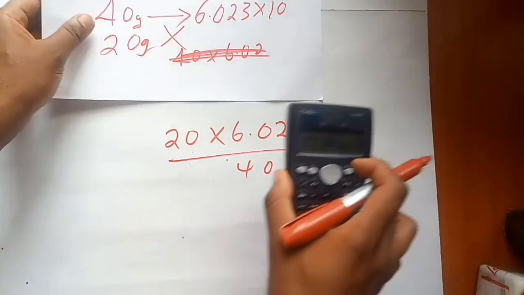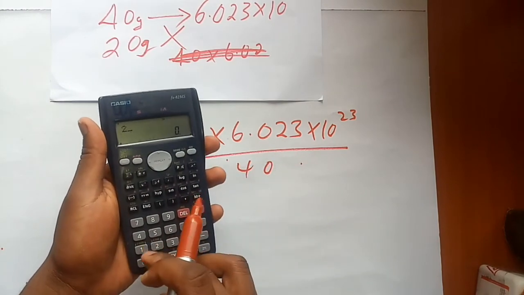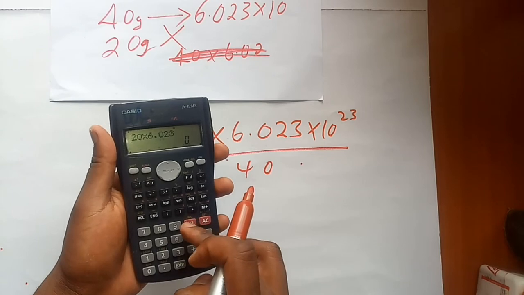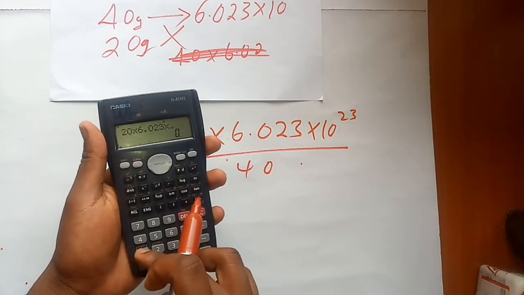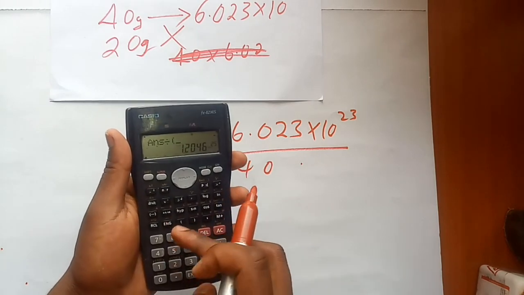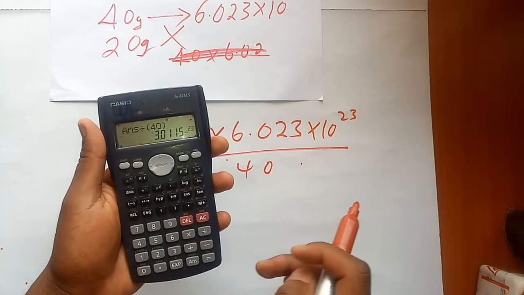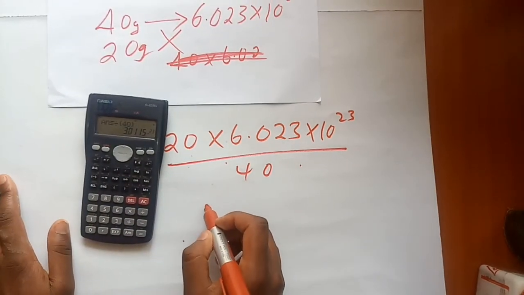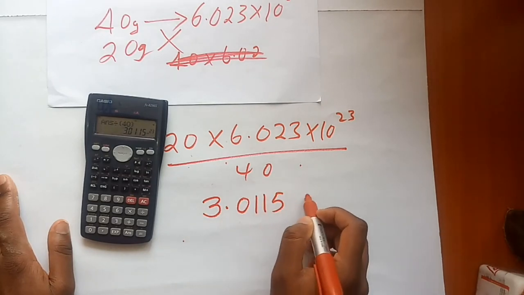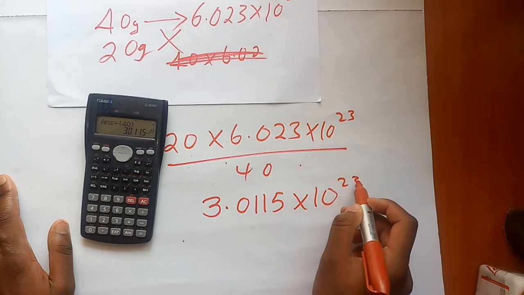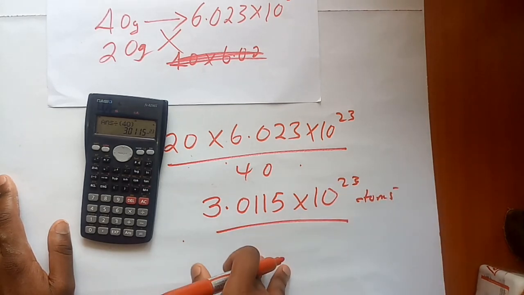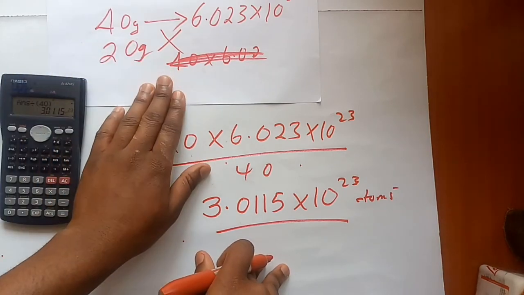Again, I said you put the values in your calculator. 20 times 6.023 times 10 to the power of 23, divide that by 40, you will get 3.0115 times 10 to the power of 23 atoms.